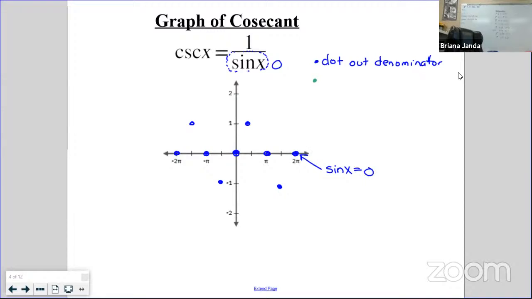So at all dots on the midline, all of these dots that we have on our midline where sine equals 0, making cosecant undefined, we will draw in a vertical asymptote.